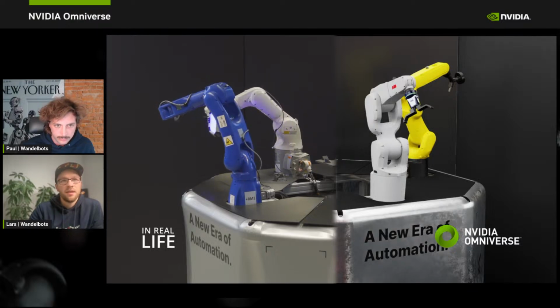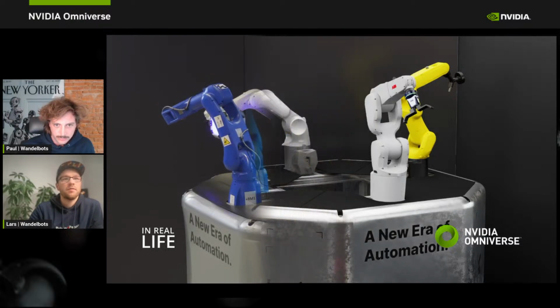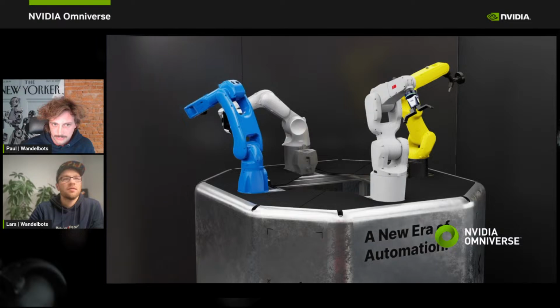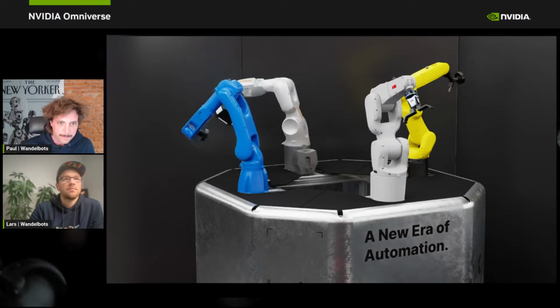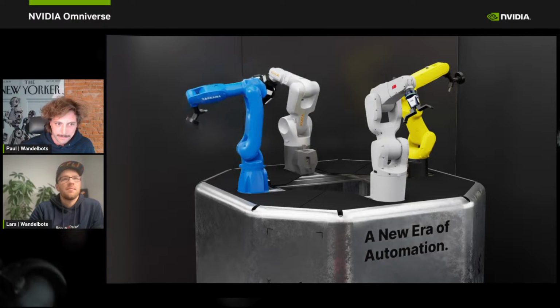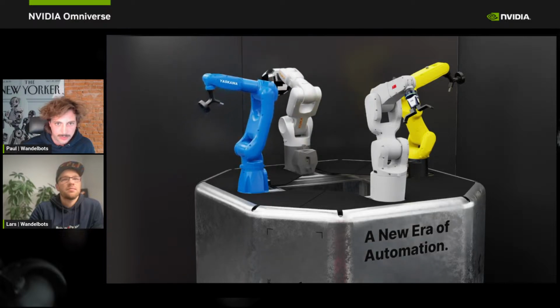It's just amazing what's possible with NVIDIA Omniverse and with Wandelbots NOVA. That's how we do our daily business: just program the robots in one script and let them run. And that's how we did it on our launch event.